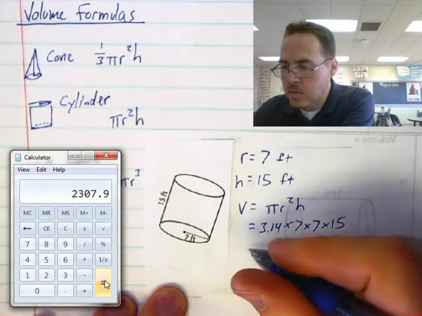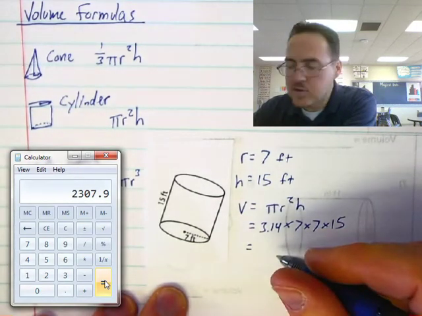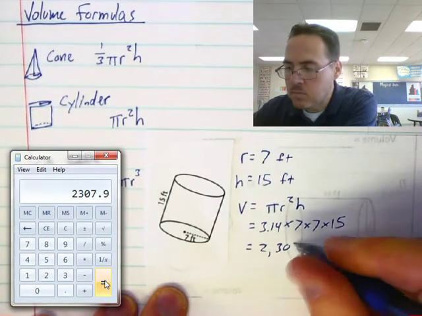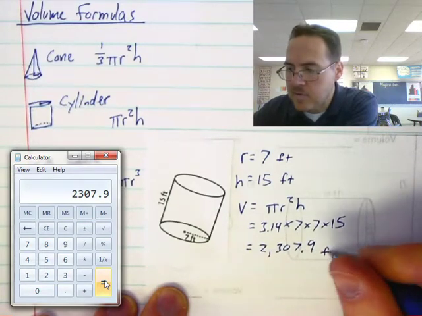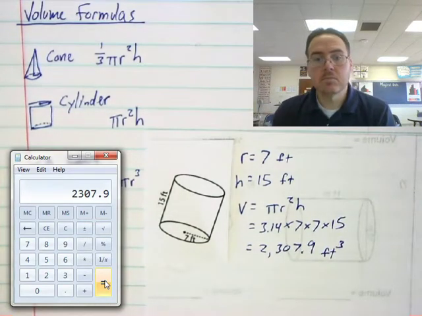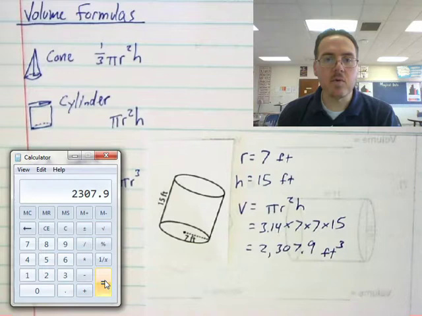So apparently, our volume is 2,307.9. That'd be feet to the third power. And that's how you find the volume of a cylinder when they give you the height and the radius. Let's move on to a different problem.